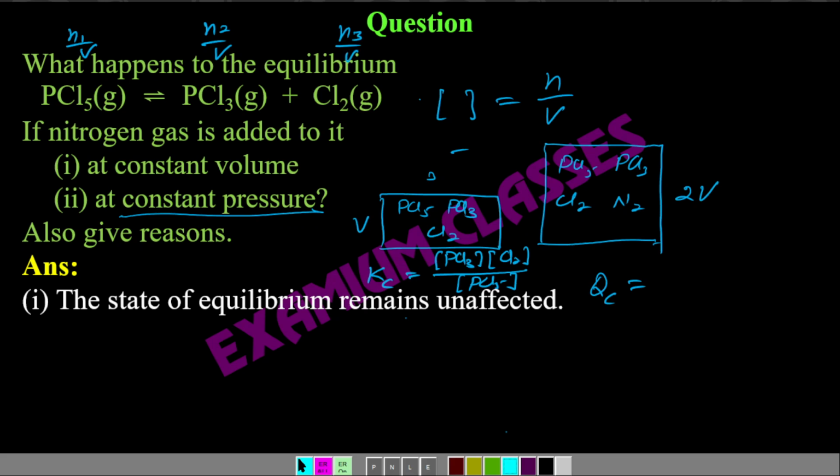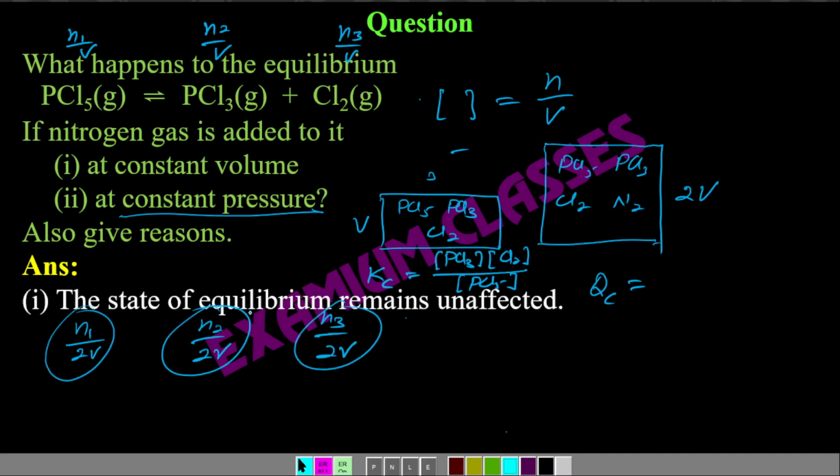But when you have this condition, the concentrations will be N1 by 2V, N2 by 2V, N3 by 2V. The number of moles at the point of time when you injected nitrogen were exactly the same. Then they will change. Equilibrium will get disturbed and it will attain a new equilibrium. But the moment you changed, these were the concentrations.